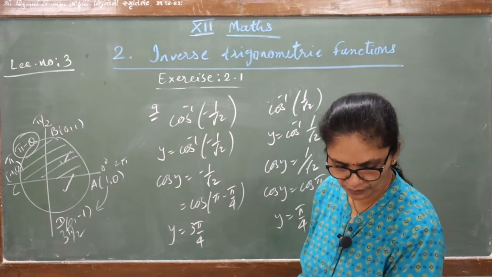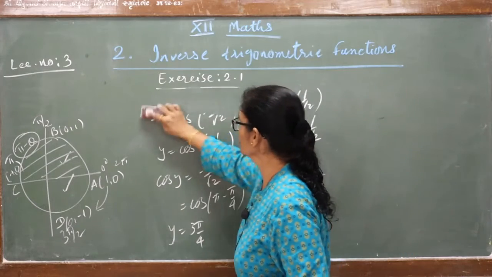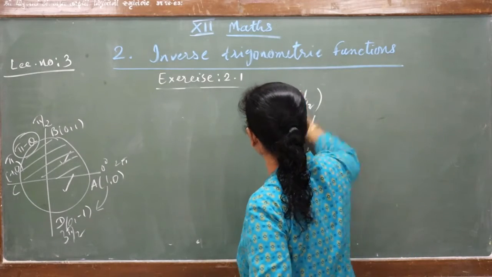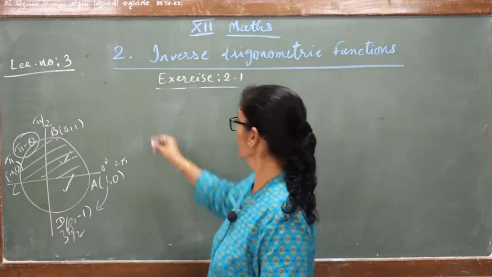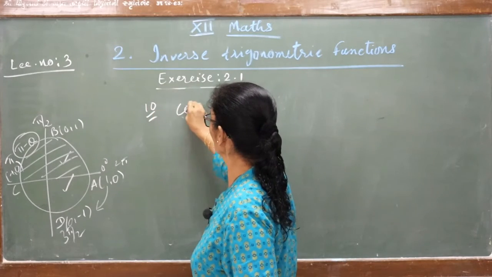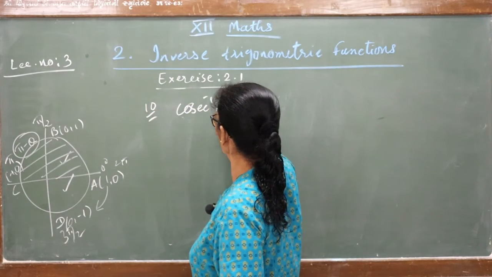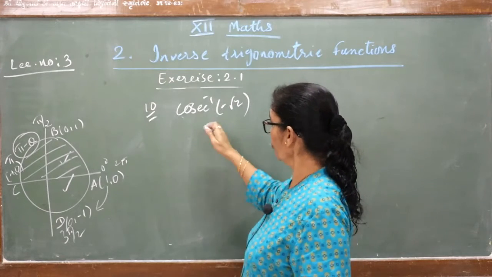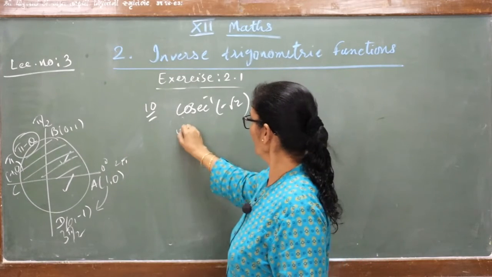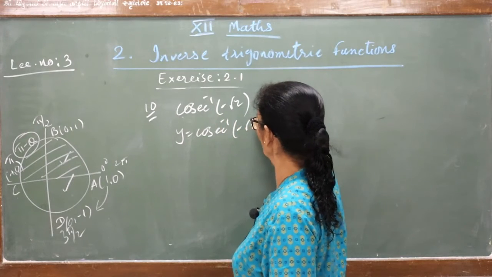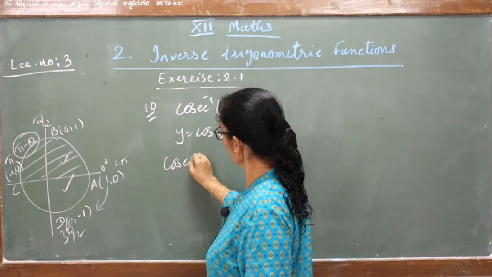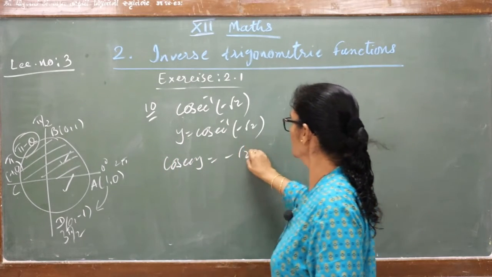And 10th question, cosec inverse minus root 2. We have already discussed cosec inverse 2. So now here with minus sign we can write cosec inverse minus root 2, so cosec y equal to minus root 2.